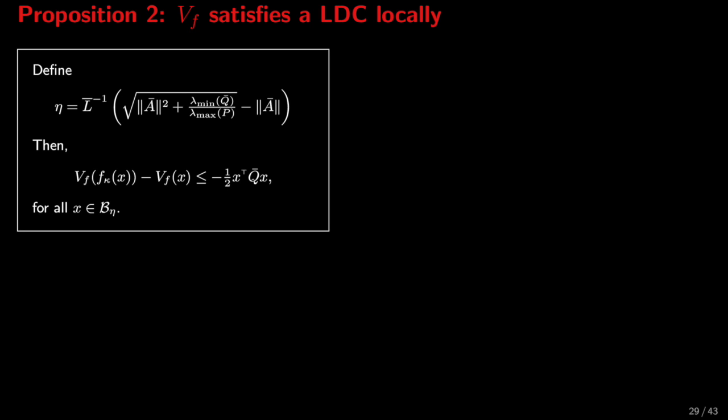The second proposition states the following. It says that Vf satisfies a Lyapunov decrease condition over a ball of radius η.